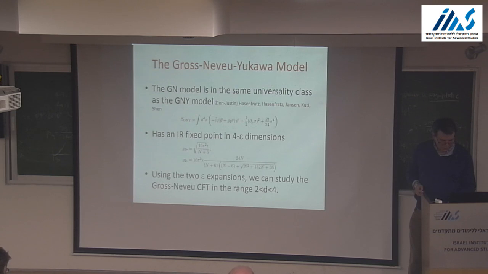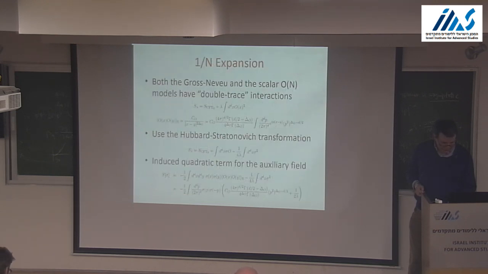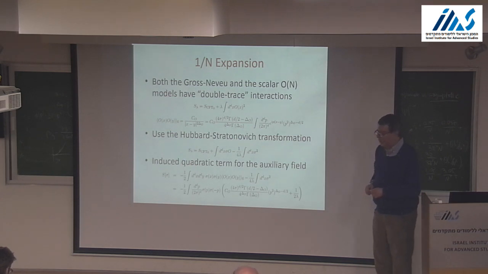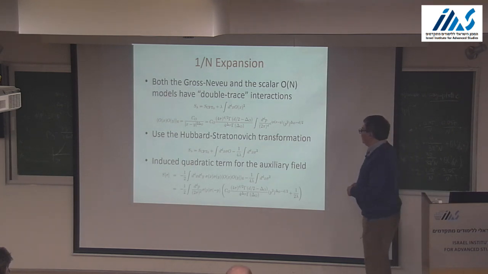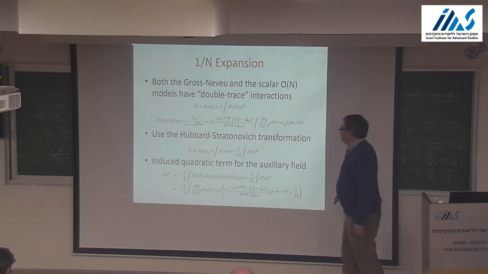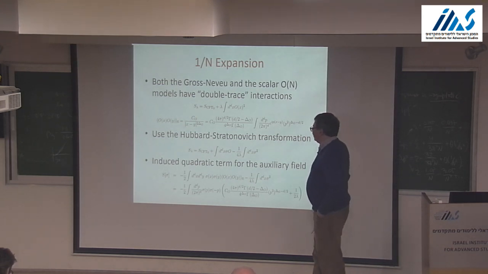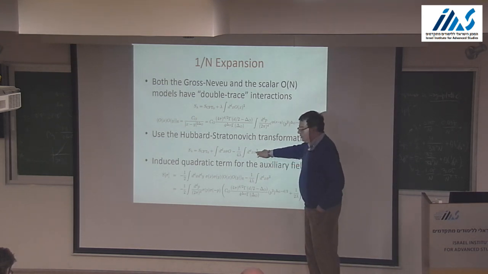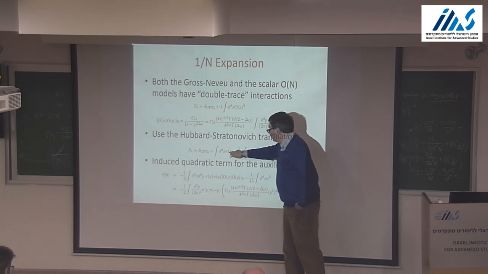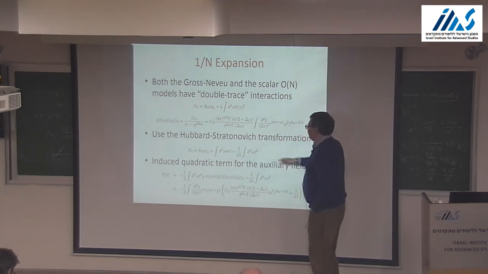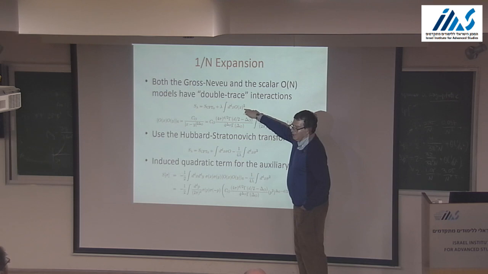But now let's just try to apply the 1 over n expansion blindly, basically in exactly the same way as we applied it to the scalar O(N) model. Namely, you introduce this Hubbard-Stratonovich field, sigma, and just write the coupling sigma times O, except now O will be the psi bar psi operator.